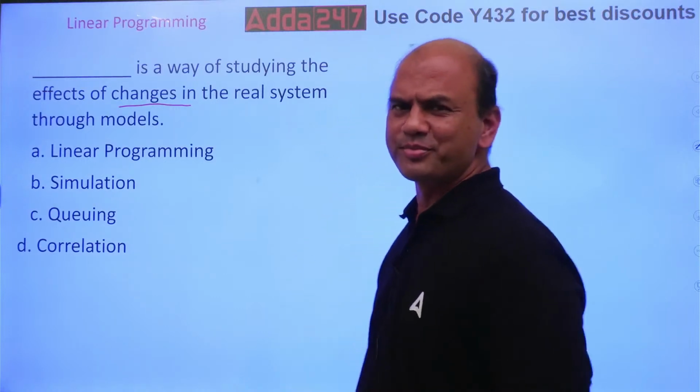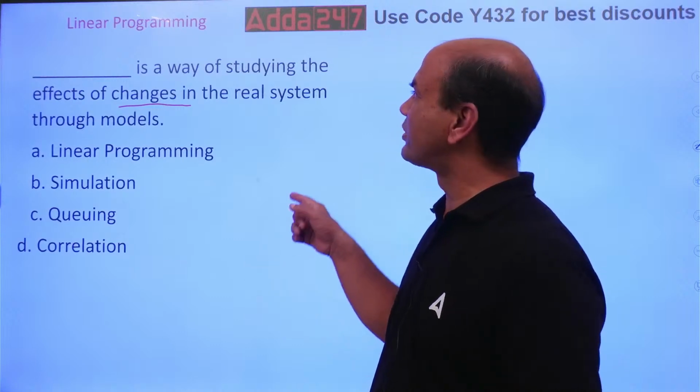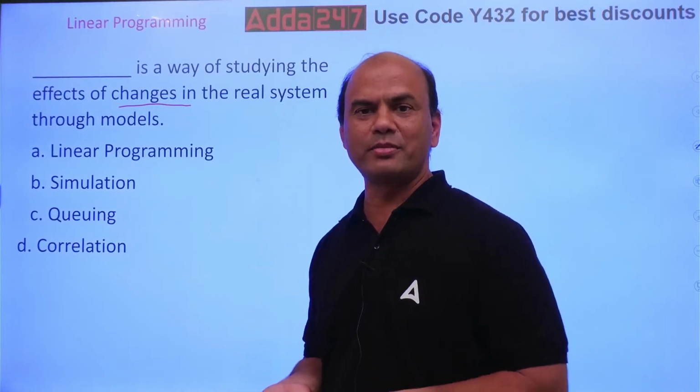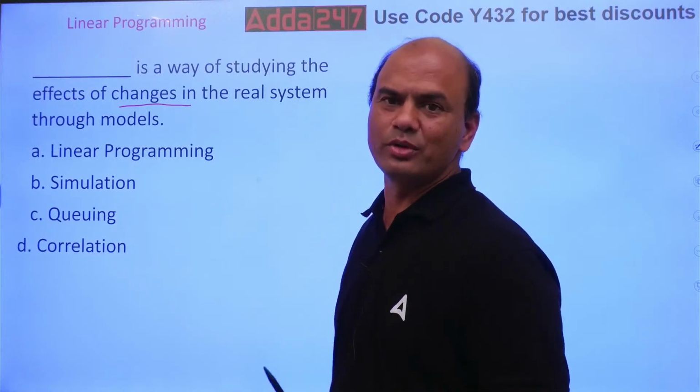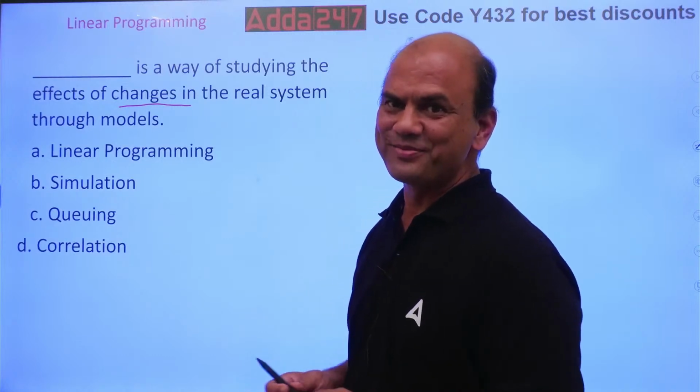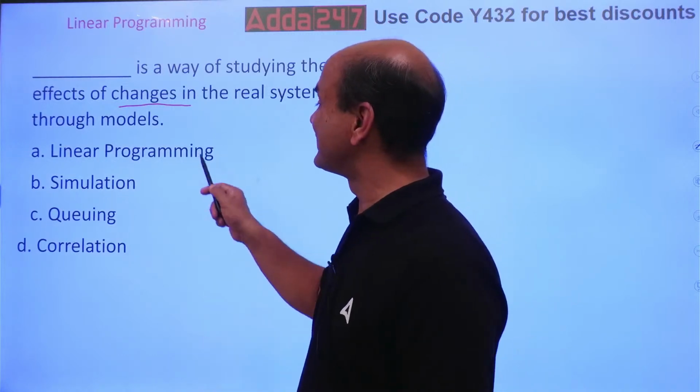Now I know the chapter is of linear programming. So everyone will say, chapter linear programming का है, तो answer linear programming ही होगा. It's not that. Okay? The answer is not LPP.